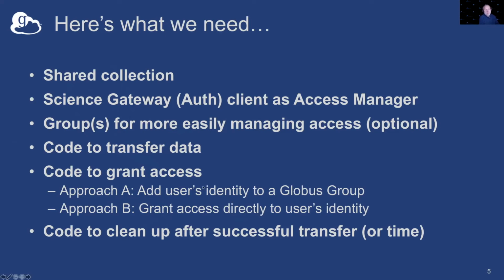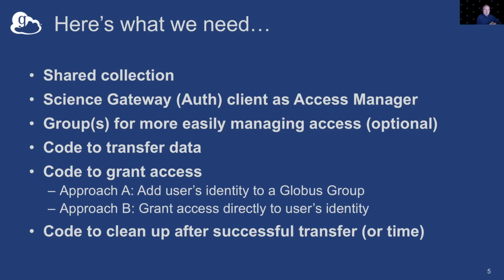Another requirement that's quite common, especially on the instruments, because there's limited space on these devices where the data ends up, is they want to be able to clean up that staging area where the data sit, so that the next experiment can come online. So you typically would want to write some code that looks at who's done a transfer, if it was successful.